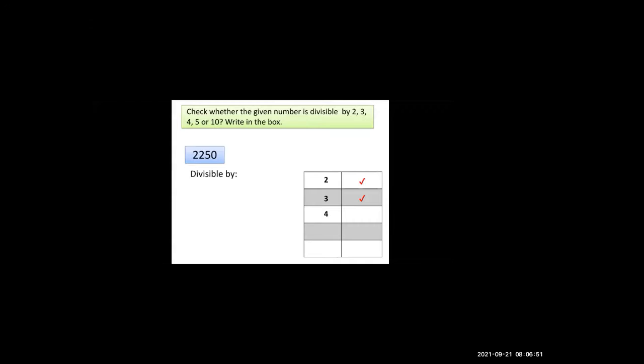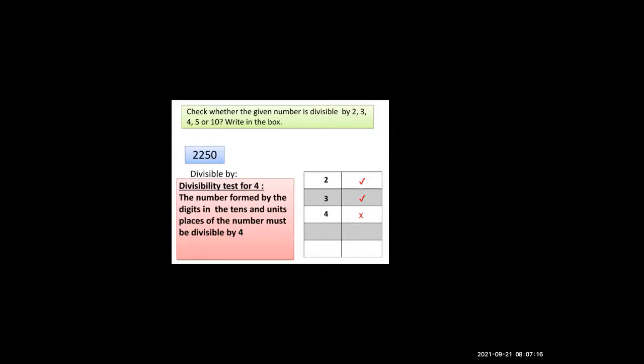No, 50 does not come in the table of 4. So we will say that the number 2250 is not divisible by 4. So what is the condition that we have learned? What is the rule? For the number to be divisible by 4, we are supposed to check the last two digits, that is the tens and the units place.